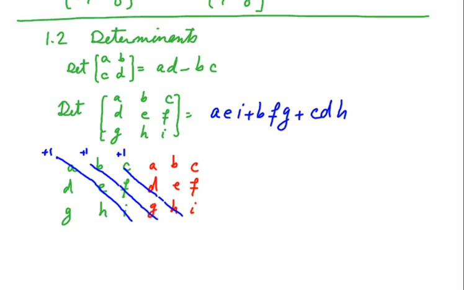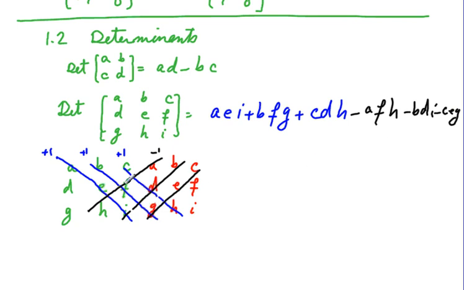And then go the other way, AFH, this time multiply by minus, BDI, and then CEG. Notice the CEG is the same as the CEG you see here, so your teacher might not have insisted on writing this one.